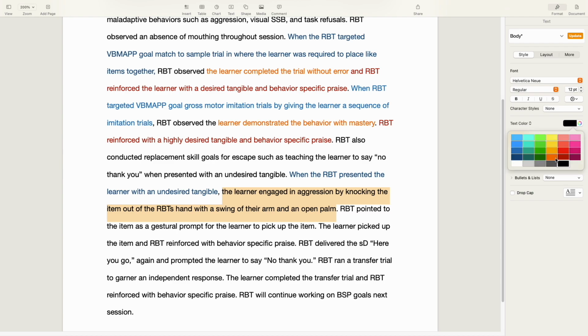This would be the behavior. And you can't just write the learner engaged in aggression by knocking the item out of the RBT's hand, period. Well, how did they knock? You have to keep going. How did they knock the item out of the RBT's hand? What did it look like? And so this is what it looked like. Because the behavior can look different.